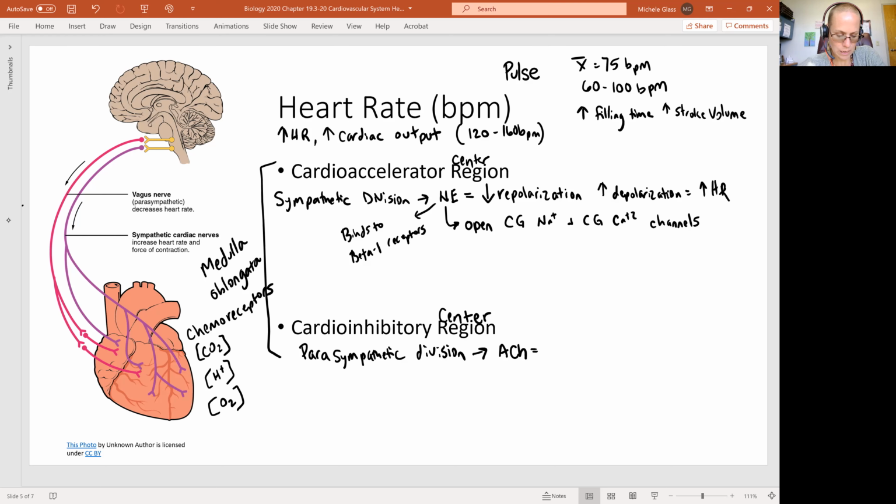And acetylcholine is going to do the opposite. So we're going to slow down or reduce the depolarization. And then we're going to extend repolarization.